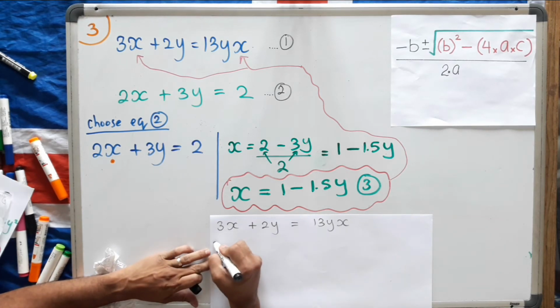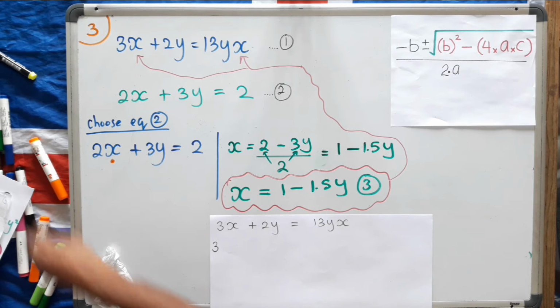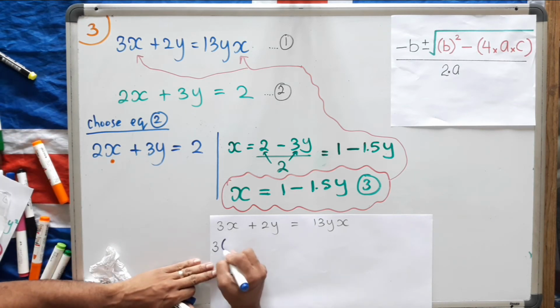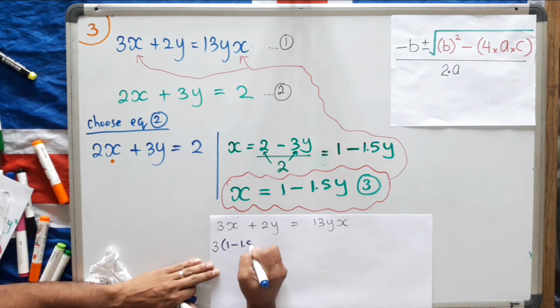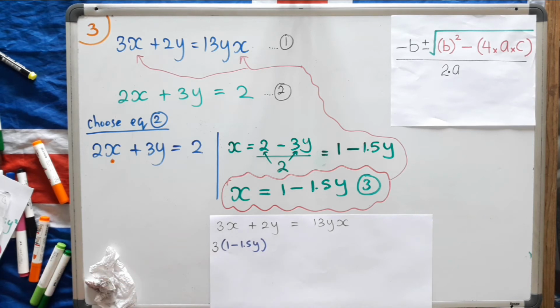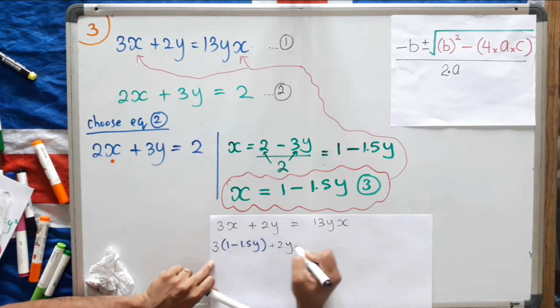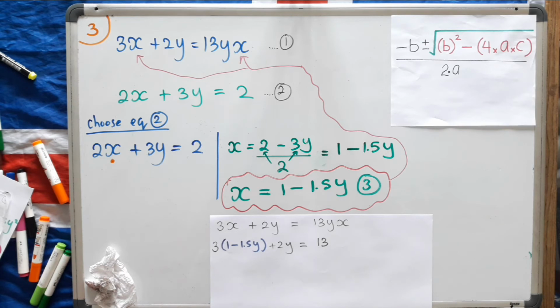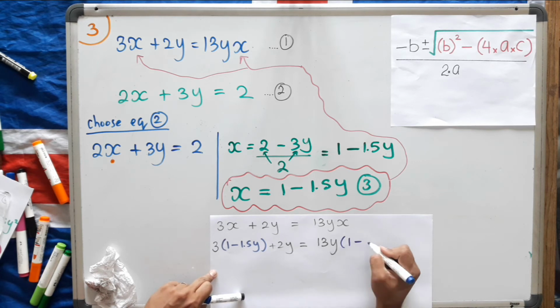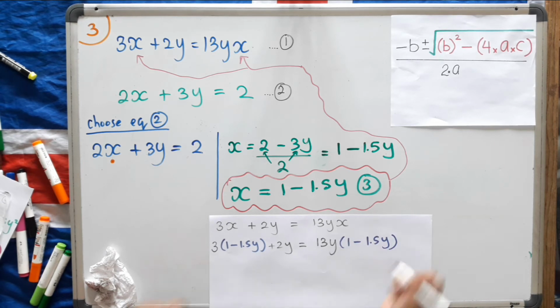Right. So we have a 3 here. We have to throw away that x and replace it in brackets with 1 minus 1.5y, plus 2y is equal to 13y, and we have to replace this x also with 1 minus 1.5y.